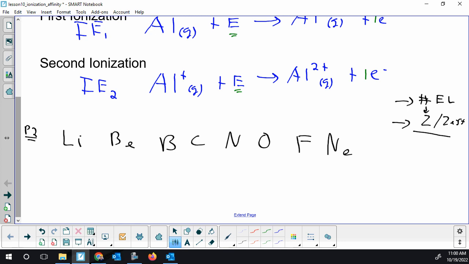Think what's going to be the easiest atom to pluck off an electron. So I'm going to put the Z's underneath the atoms, or at least for a few of them. If we look at lithium, it's atomic number 3. It's got 3 protons.